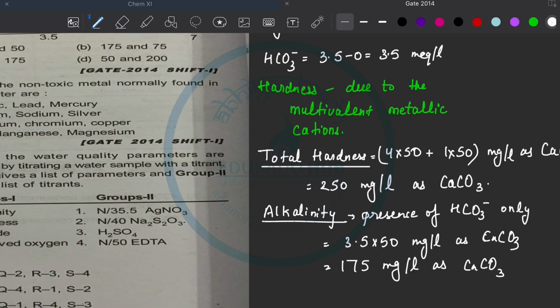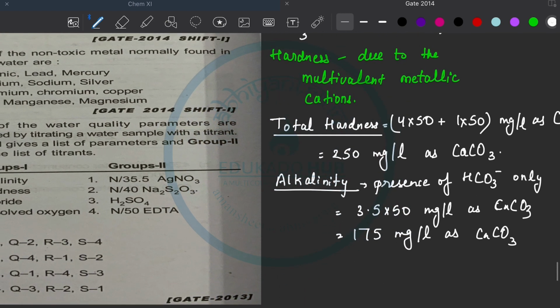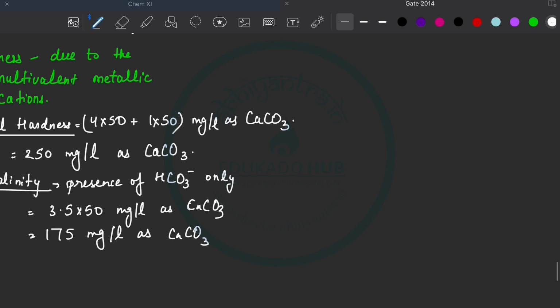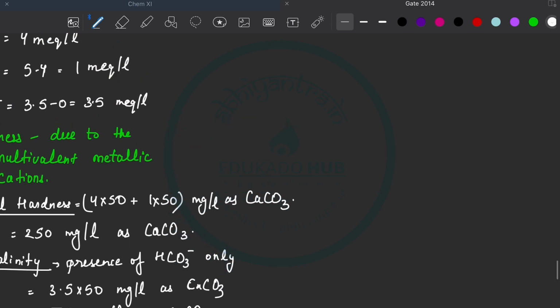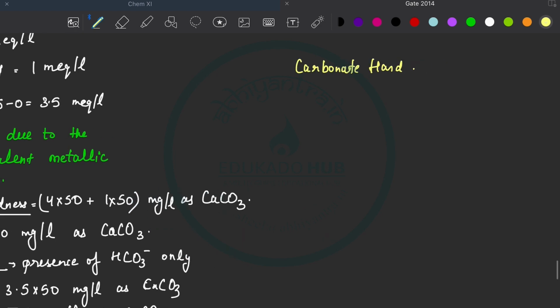Okay, now we know what carbonate hardness is. Carbonate hardness is the minimum of total hardness or alkalinity.